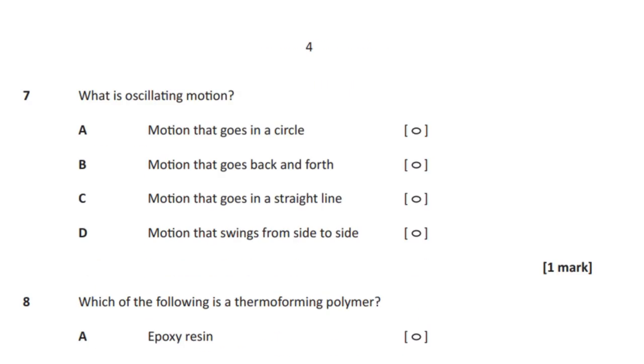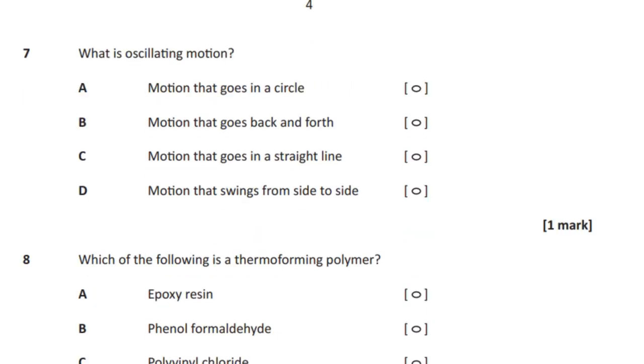Okay, so what is oscillating motion? Well, there are different types of motion. There is linear, which is a straight line. There's rotary, which is circular. There is reciprocating, which goes back and forth.